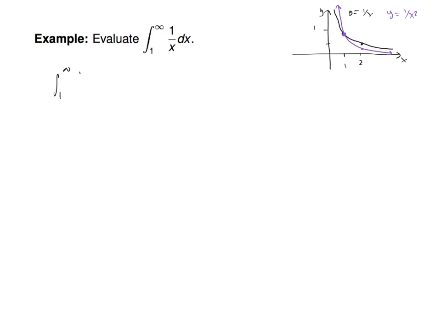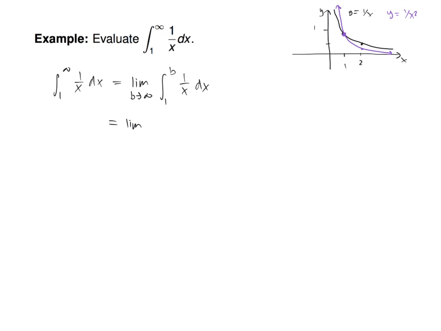The integral from 1 to infinity of 1 over x dx is equal to first the limit as b goes to infinity of the integral from 1 to b of 1 over x dx. What's the antiderivative of 1 over x?